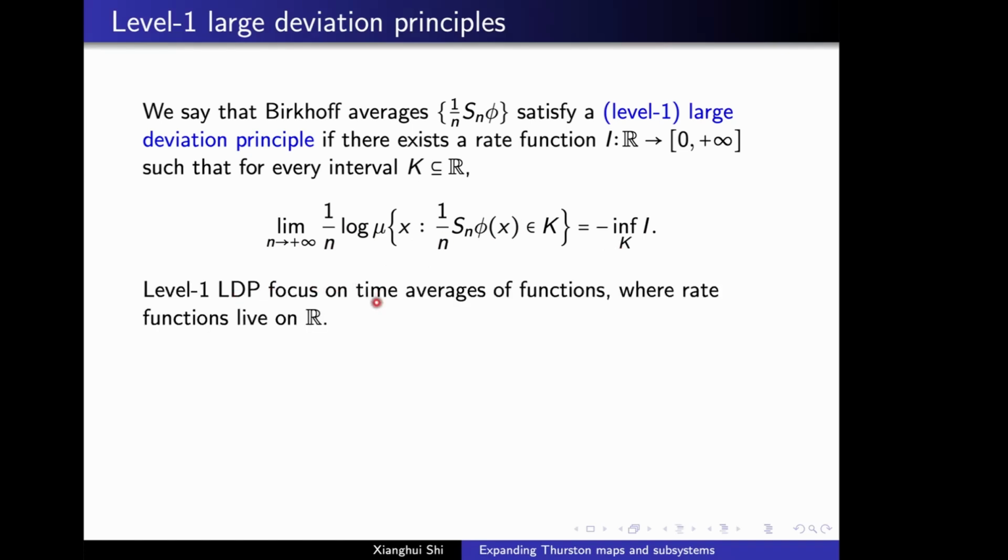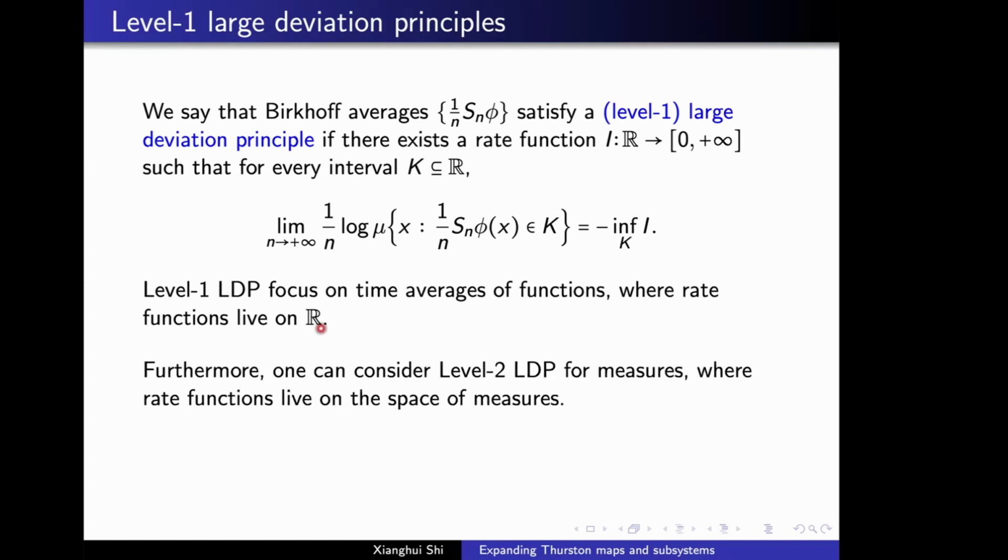This level 1 LDP focuses on the time averages for functions, here the function phi, and the rate functions live on the real line. Actually, we can go further. We can consider level 2 LDP for measures, where the rate functions live on the space of measures.